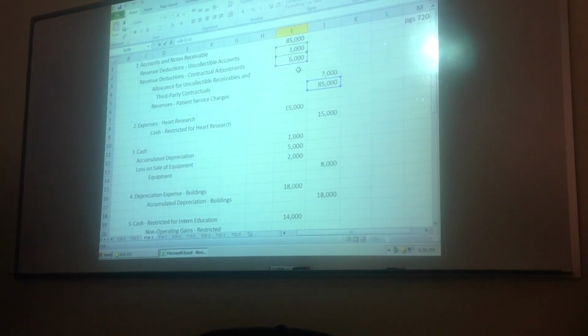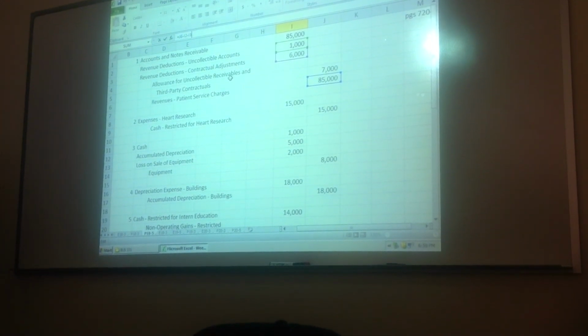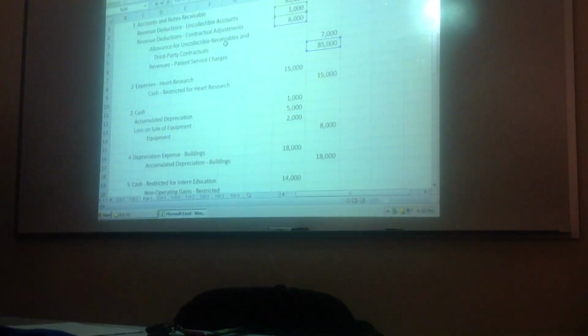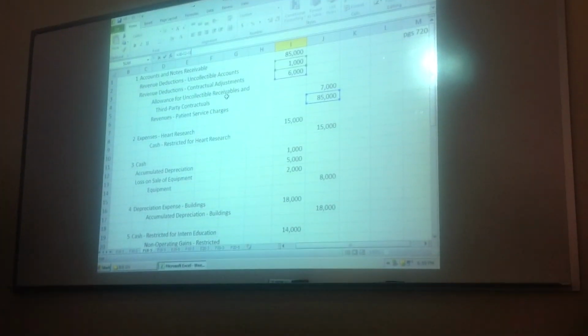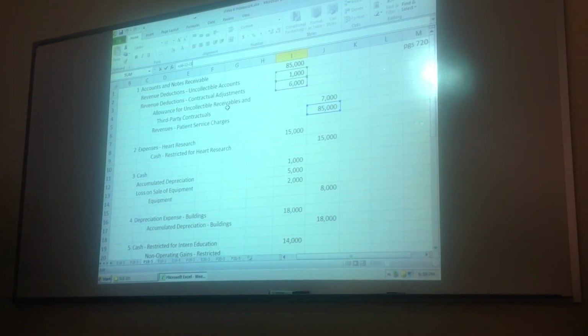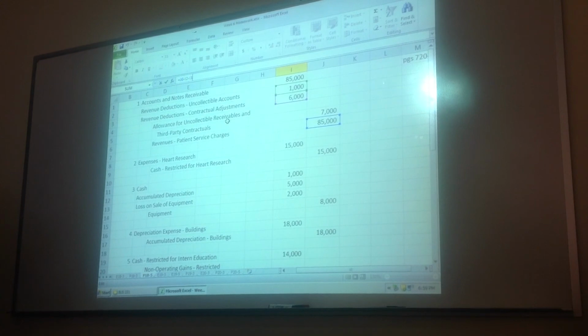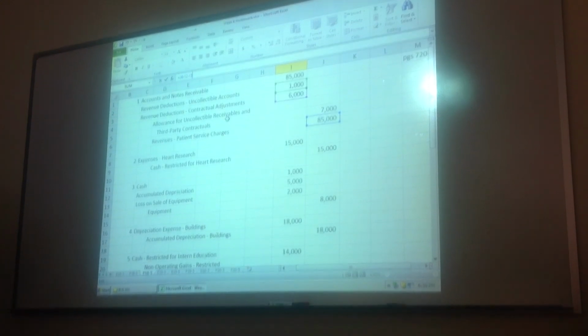Okay? These pieces, accounts receivable and allowance for uncollectible receivables, wouldn't show up on your statement of revenues, expenses, and net position, right? Where would they show up? They would show up on your balance sheet, right? Okay?